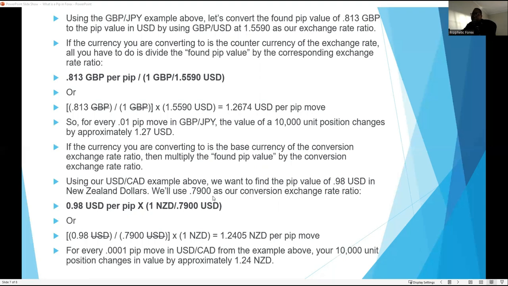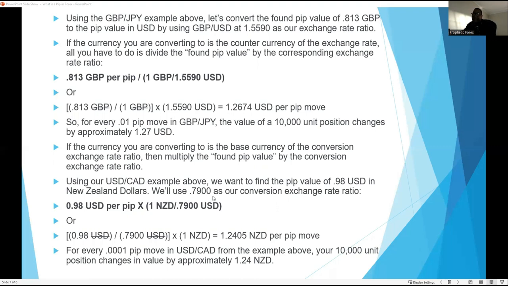And of course, you take the exchange rate to the pound, which is 1.5590 as an exchange rate ratio. If the currency you're converting to is the counter currency of the exchange rate, all you have to do is simply divide the found pip value by the corresponding exchange rate.